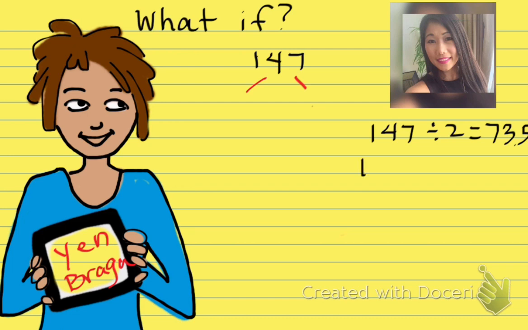Let's try 147 divided by 3 equals 49. So we have 3 as our first factor. 3 times 49. Now, let's divide 49 divided by 3 equals 16.33. So 3 is not a factor again.